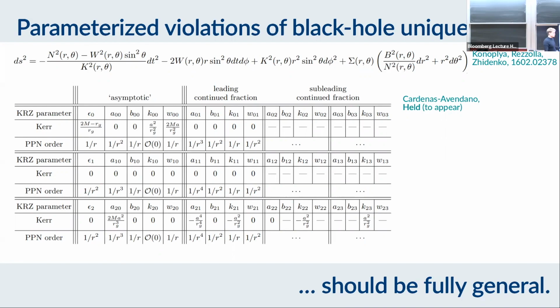Some part of the expansion is around asymptotic infinity, and part of the expansion is around the horizon. Not even a Taylor expansion, but a continued fraction expansion. The interesting thing about that is that then you can put Kerr in that expansion, and it's exact. So you have to go up to a certain order, but then Kerr spacetime is exactly represented. I think that's a positive thing.